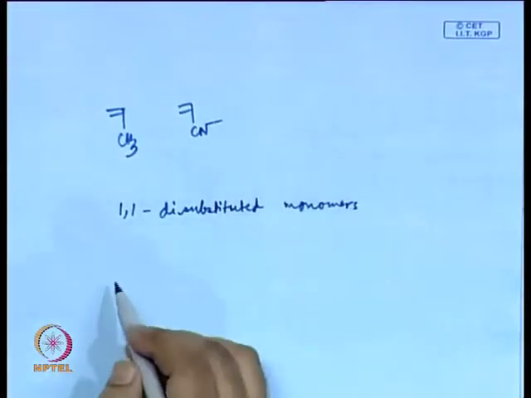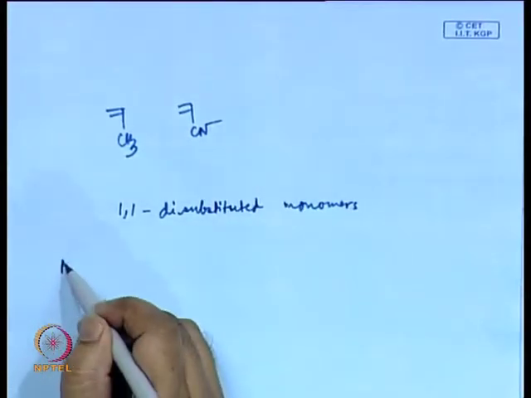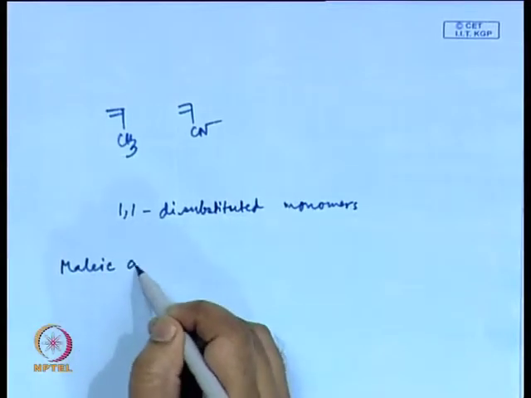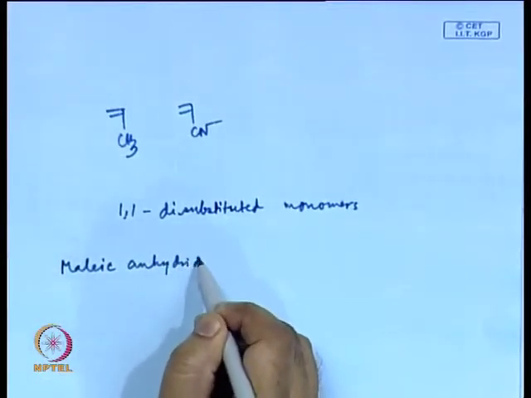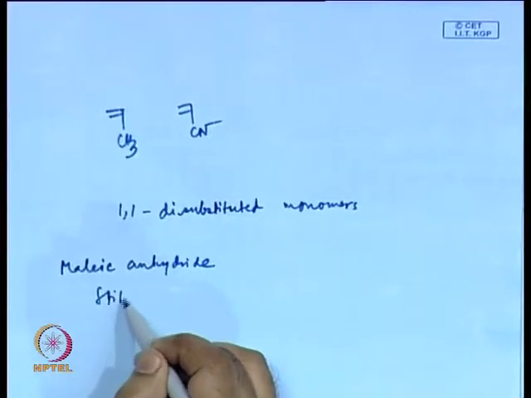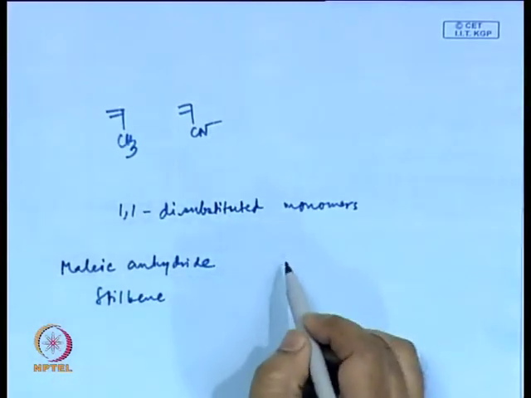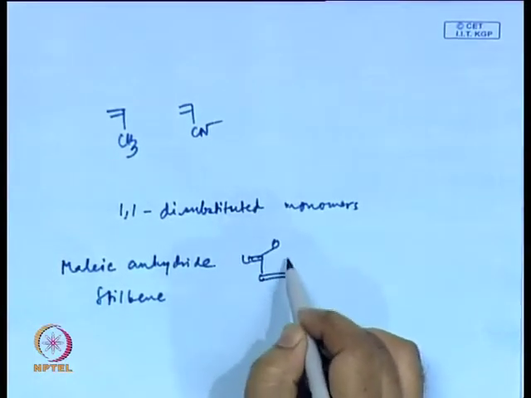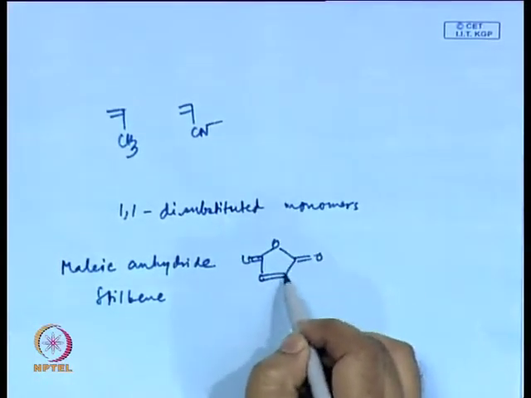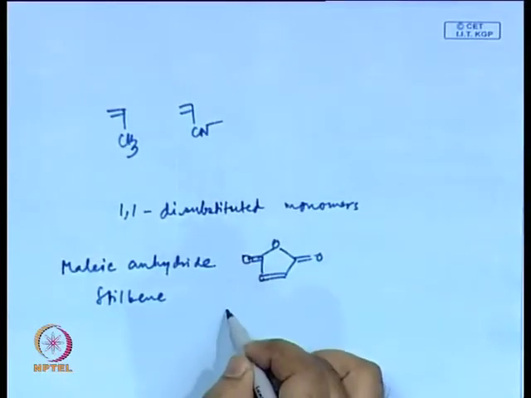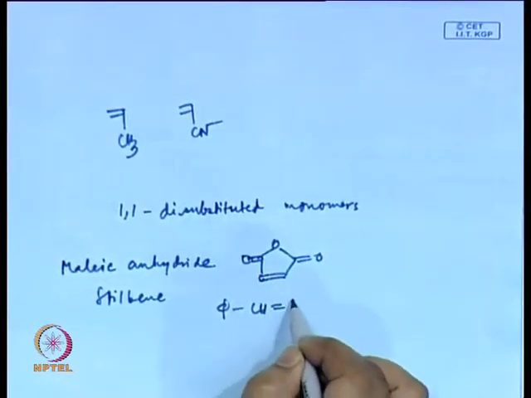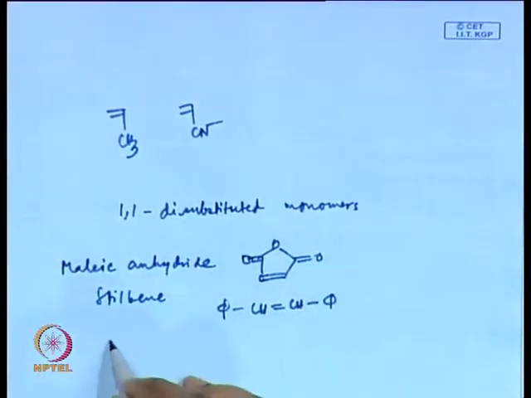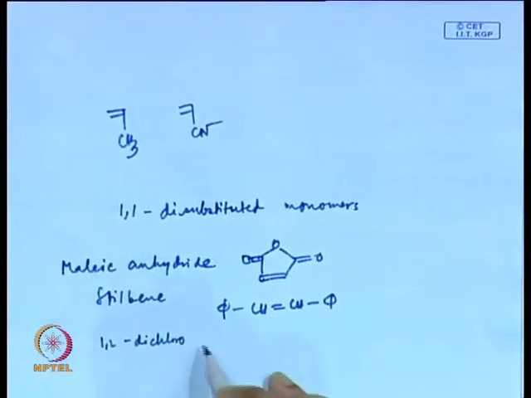For example, if you consider, say, maleic anhydride, stilbene, or, say, 1,2-dichloroethylene.